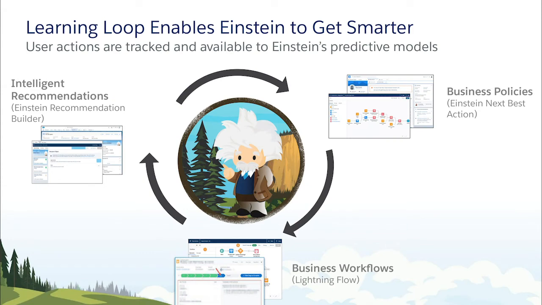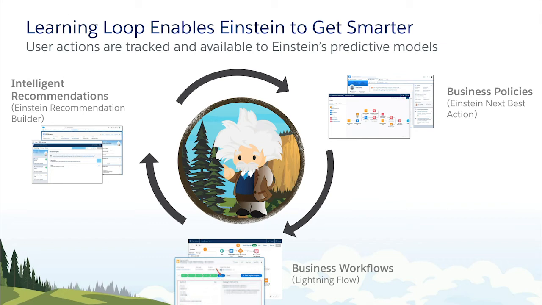Here's how it works. Building a recommendation with Einstein Recommendation Builder starts with data stored in your Salesforce org. Einstein provides recommendations based on historic outcome data used as the input.